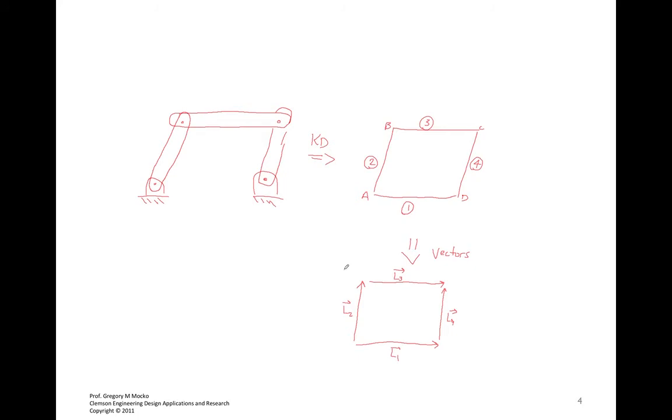Okay, so these are our vectors, and each of these links is translated into a vector, and these vectors all have both a magnitude and a direction. I'll come to these in the next few slides. So all of these have a magnitude and a direction. In the next slide, we're going to introduce you to this example of a vector loop.